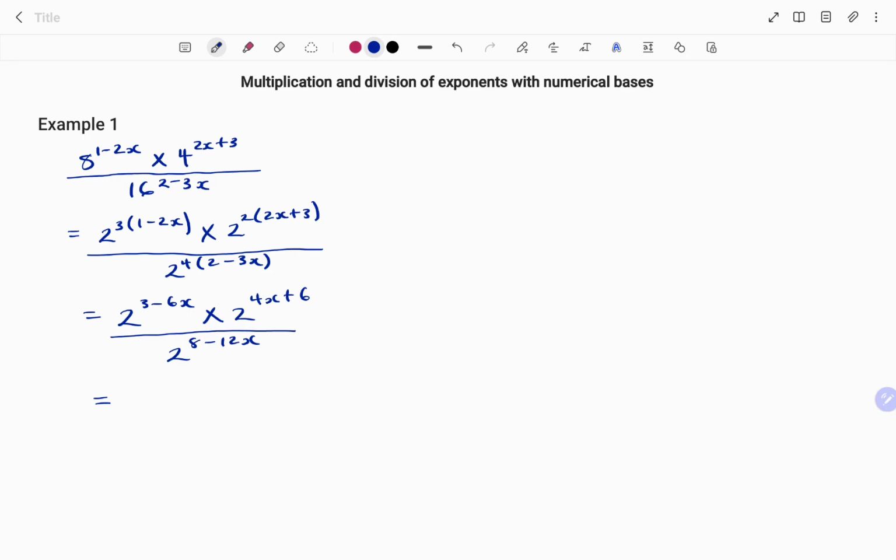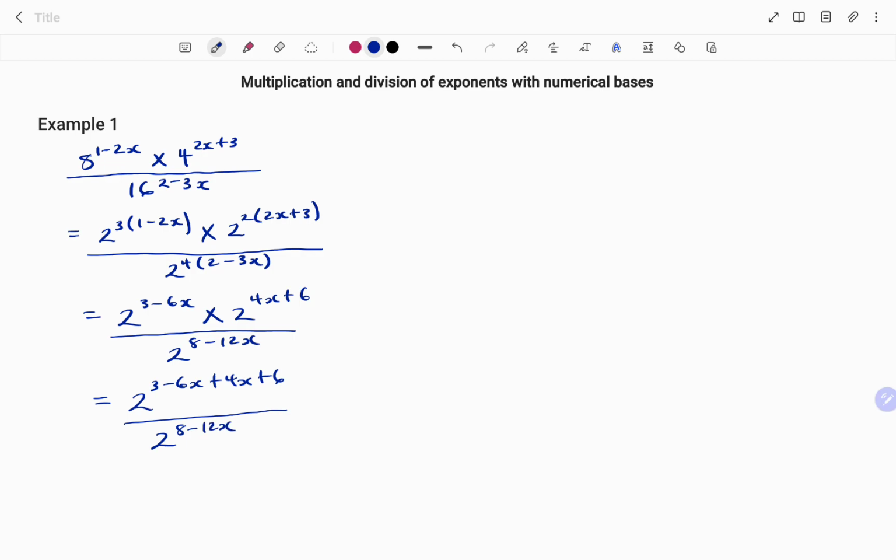I can first of all group my numerators, and then I divide with my denominator. If I group my numerator, because I'm multiplying and the bases are the same, I'm going to be adding the exponents. That will be 2 to the power of 3 minus 6x plus 4x plus 6 over 2 to the power of 8 minus 12x.